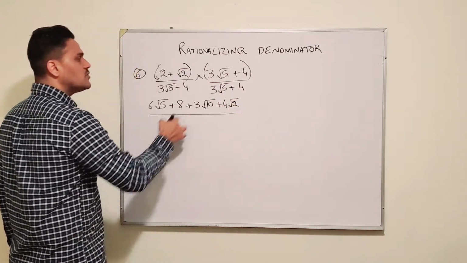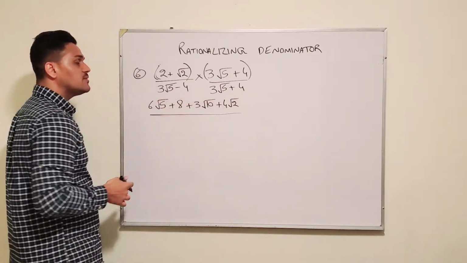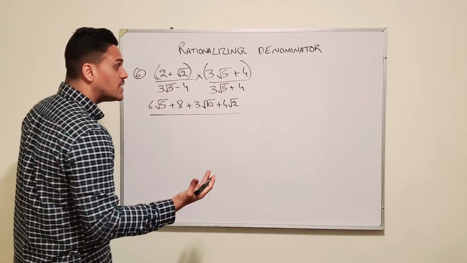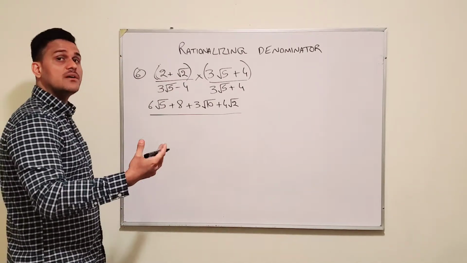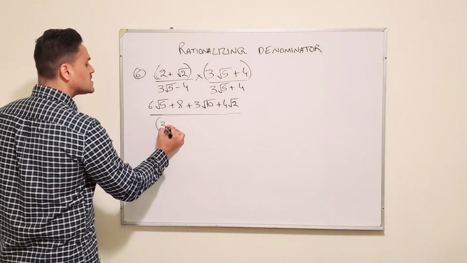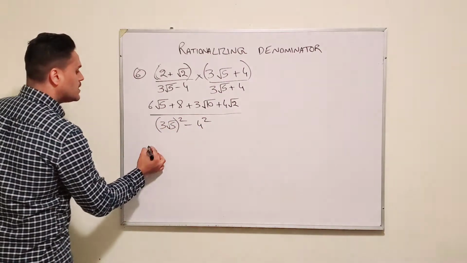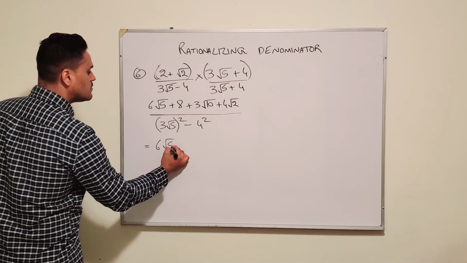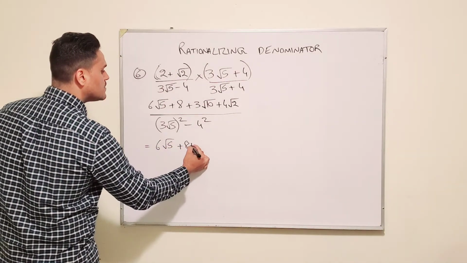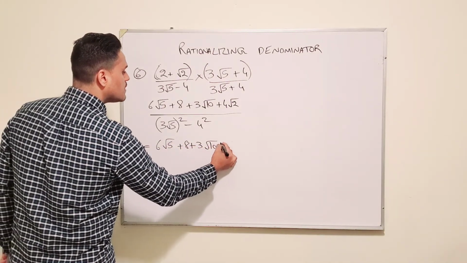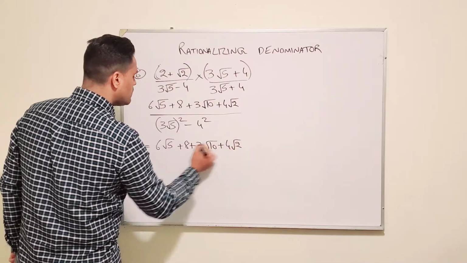And at the bottom you have a plus b times a minus b, which is in the form of difference of squares, which is just going to be a square minus b square, which is just going to be 3 square root of 5 whole square minus 4 square. So if we simplify it further, we'll have 6 square root 5 plus 8 plus 3 square root 10 plus 4 square root 2.